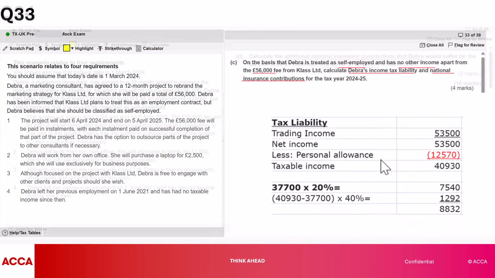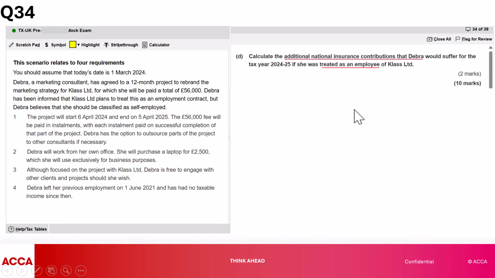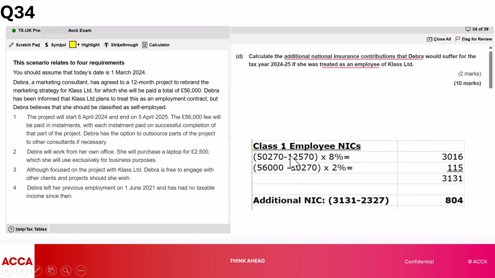But if she's employed, we have to realize that she's now an employee, and therefore the only relevant NIC will be class 1 employee. As you can see there, the rates are 8% and 2% for the specific ranges we can see there. Now, as a result of that, we will do exactly that.